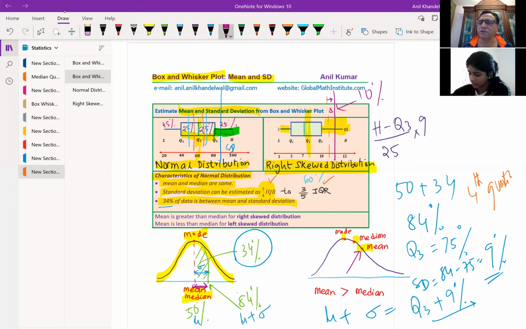Therefore, instead of using 9% from 73, which gives me 84, I could use 10%, correct? At least that much, which is 10% from Q3. So in my formula, the only value which changes is this 9 becomes 10, and I can use the same logic to find the standard deviation. Does it make sense to you? Yeah. That is the logic I am going to follow to estimate the mean and the standard deviation for such questions.